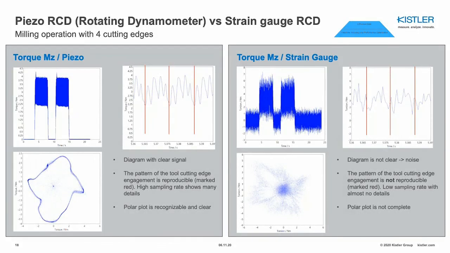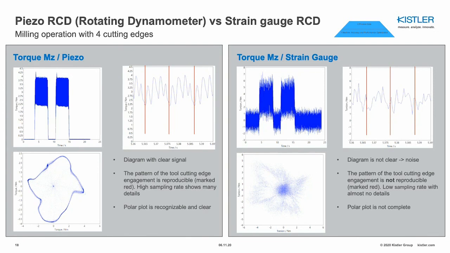Another case, if you look to those plots here, is the comparison between a piezo rotating dynamometer versus strain gauge. It's a milling operation with 4 cutting edges. You can see on the left-hand side upper corner here the torque measurement, the zoomed plot here.